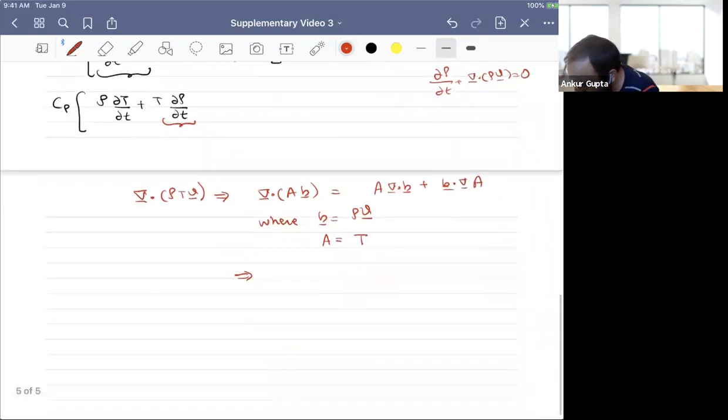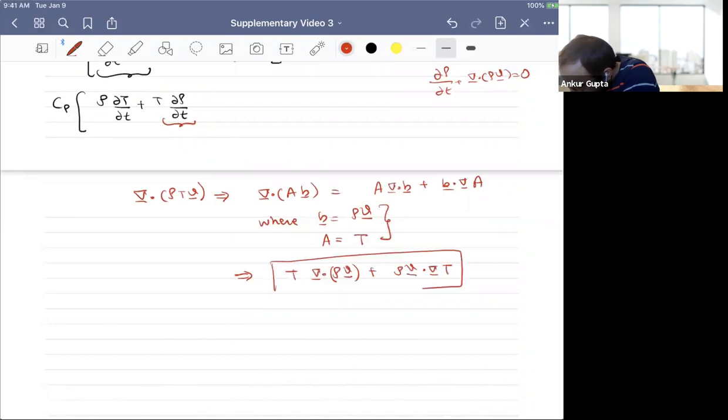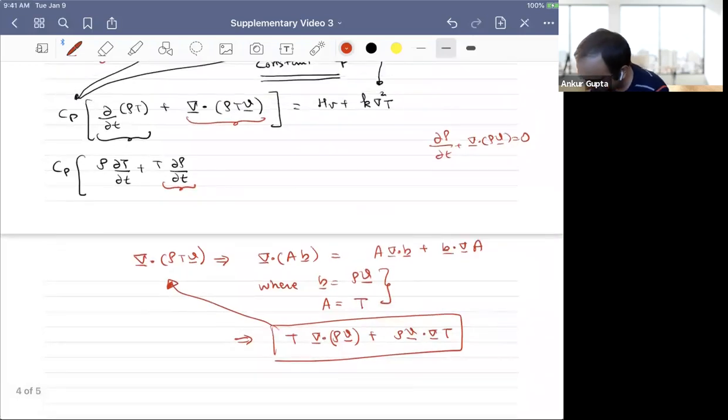So I can write this now by substituting these two values. I'll get T del dot rho V plus rho V dot del T. This is the expression I get for this term. And now I can substitute it back here.